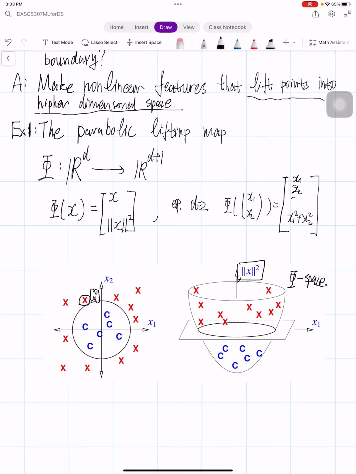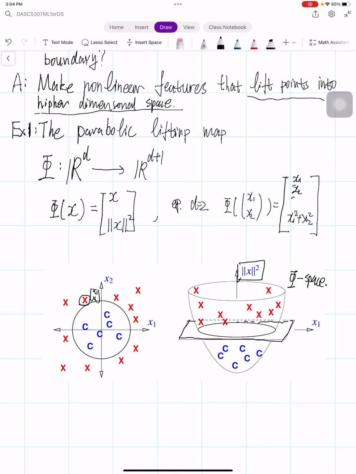In other words, we add one new feature, the length squared. Even though the new feature is just a function of the other input features, it gives the linear classifier more power. For example, now we can find a classifier, the hyperplane is here. Suppose this is our classifier, which can perfectly classify the blue and the red ones.